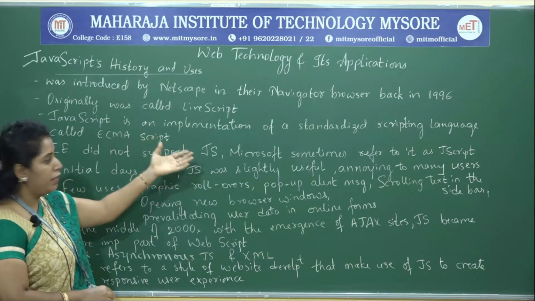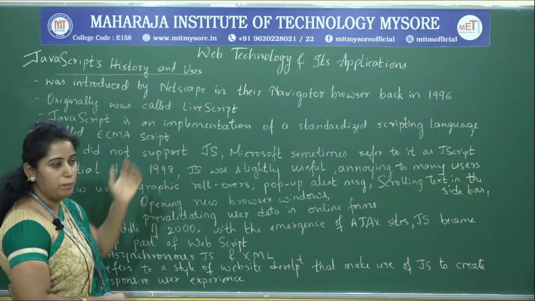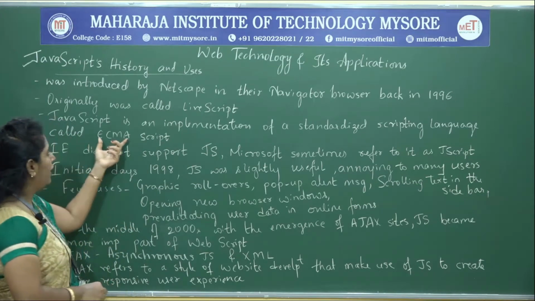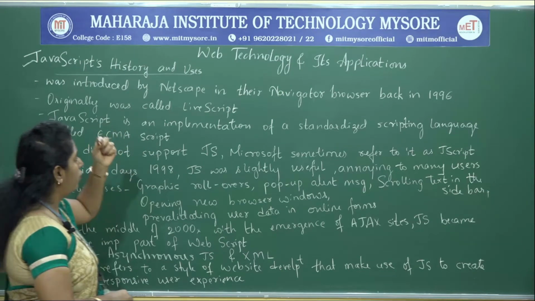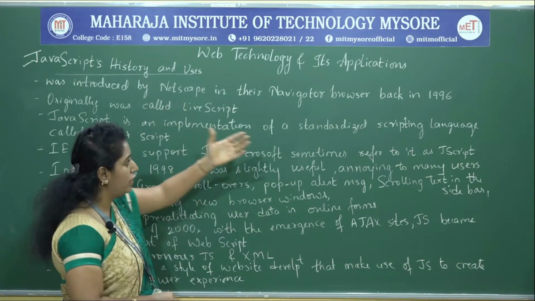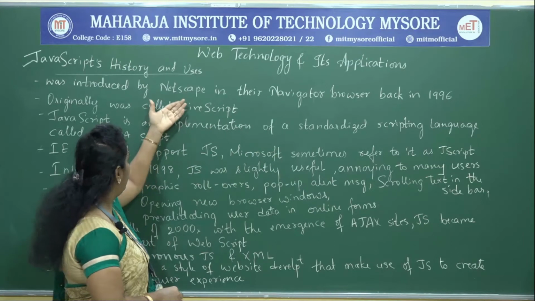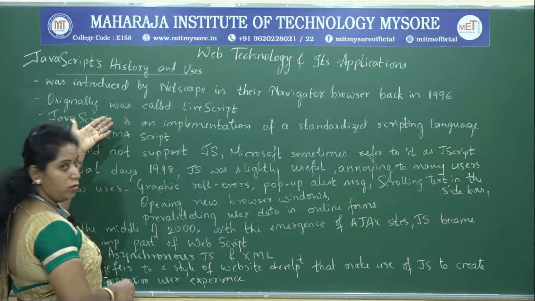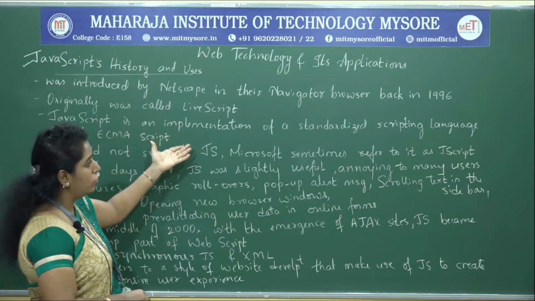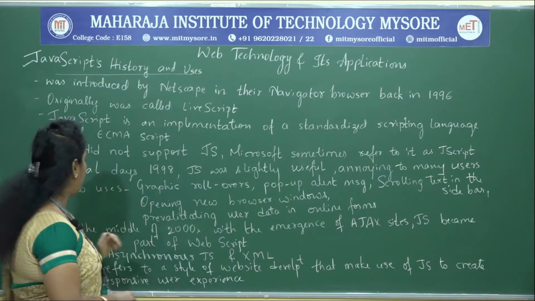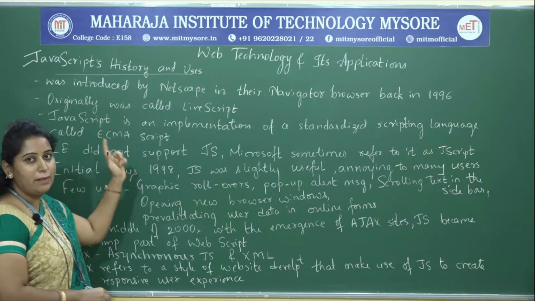JavaScript is an implementation of a standardized scripting language called ECMAScript. Can you understand? It was introduced in the year 1996 by Netscape and it was called LiveScript. JavaScript is an implementation of a standardized scripting language which is called ECMAScript.